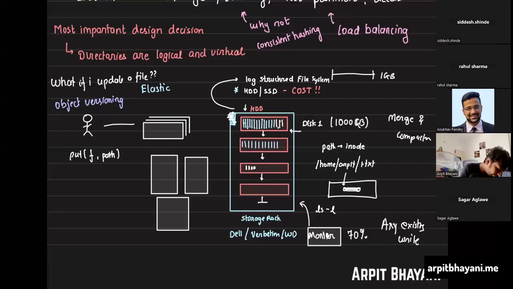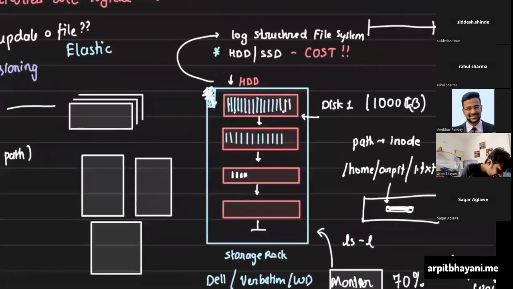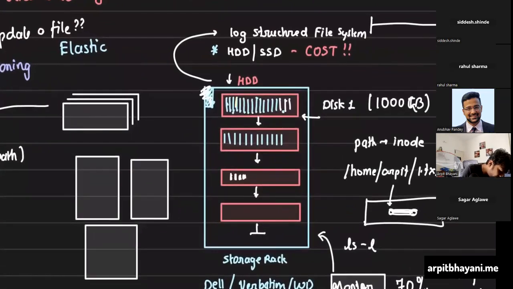So let's say, just a detailed example of that. Let's say I wrote my file a.txt over here. Then at the same path, I'm writing the file. And now this time it is written over here because it is log structured file system. It's append only. And now I wrote it the third time. So I have 3 versions of my same file, in which first I wrote hello world, then hello world 1, and then hello world 2.